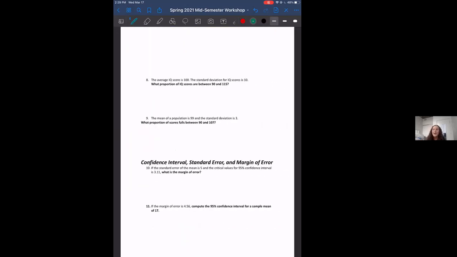So the average IQ score is 100. The standard deviation for IQ scores is 10. What proportion of IQ scores are between 90 and 115? So does anyone have any idea of how we should approach this problem or start?